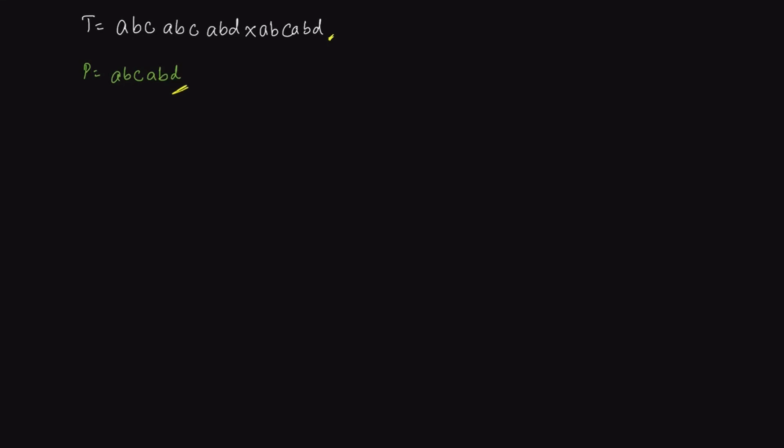So what you do? You can just start with the first character of the pattern P here, and try to match it with the first character of text T. And then you keep matching till the characters differ. So this is the point of difference here.